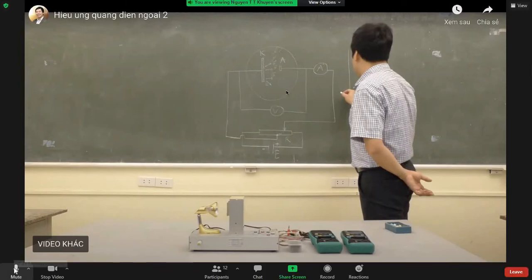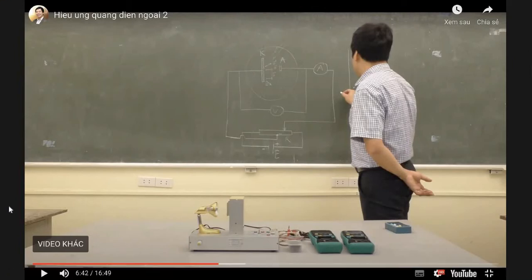Anyone remember? Maybe later you could double check with the video again and listen carefully to Professor Chet to answer the question for the shape of the cathode and anode.